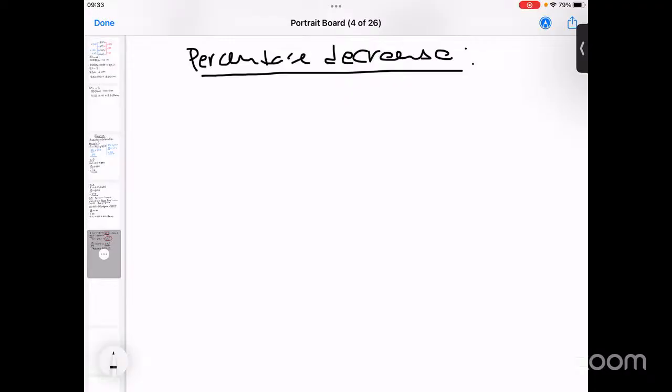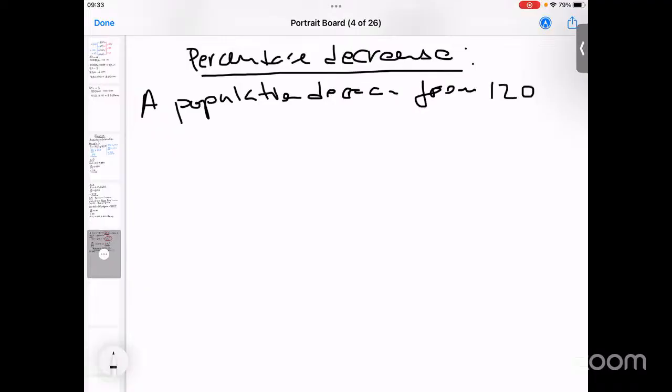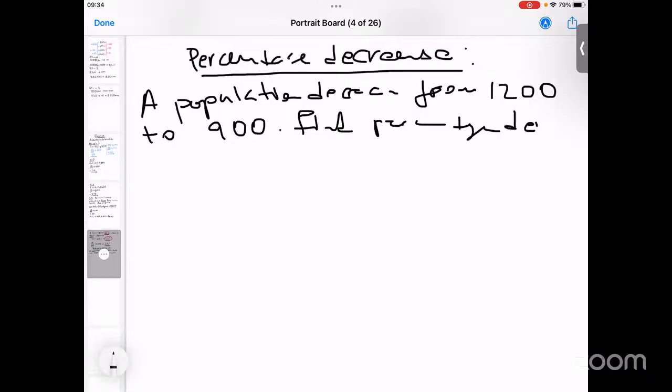So they say a population decrease from 1,200 to 900. Now they say find the percentage decrease.